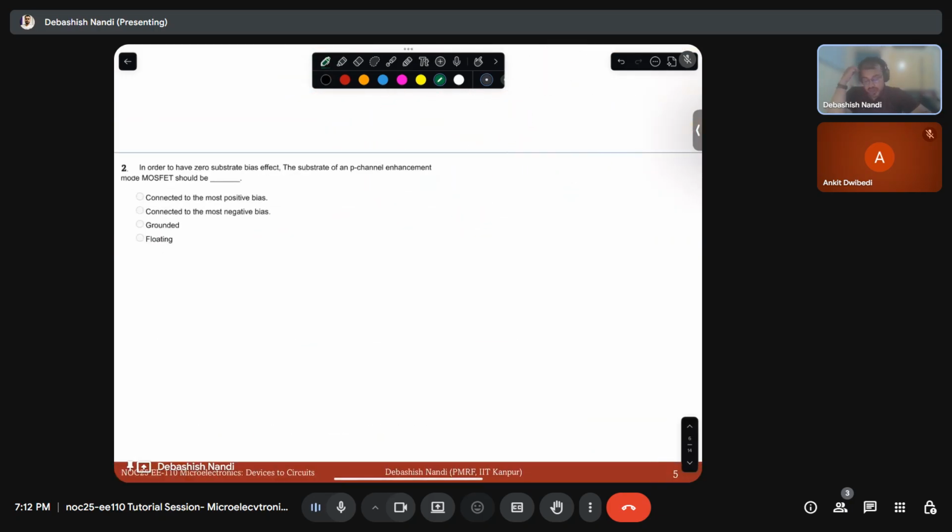In order to have zero substrate bias effect, the substrate of a p-channel enhancement type MOSFET should be how much? That is the question. So what do you think? First, can you tell me what is substrate bias effect?